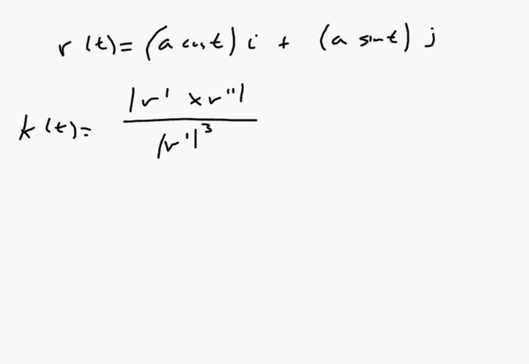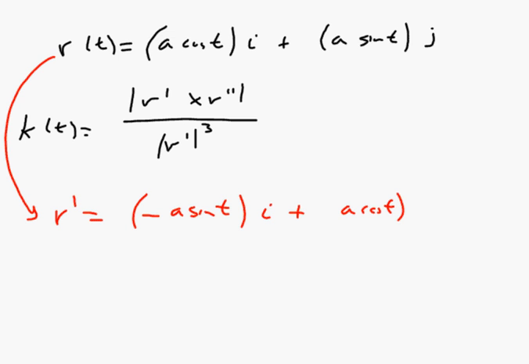Okay? All right, so if we think about it practically, what do we need? We need an expression for r prime and an expression for r double prime. We get those two things, then we're just going to have to cross them, do some lengths, and be set. So r prime would equal negative a sine t i plus a cosine t j.